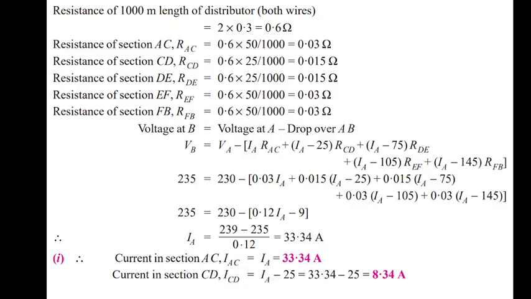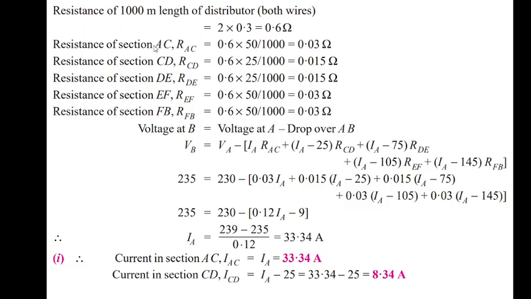This slide focuses on calculating the resistance of each section of the two-wire DC distributor and determining the current supplied from point A. First of all, the resistance of section AC, RAC. The resistance of a 1000 meter length of distributor, both wires, is 2 times 0.3, equal to 0.6 ohm.